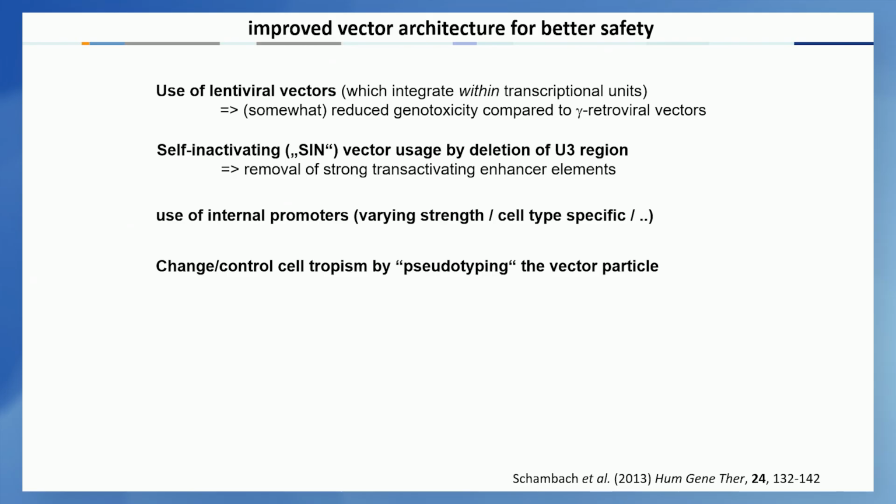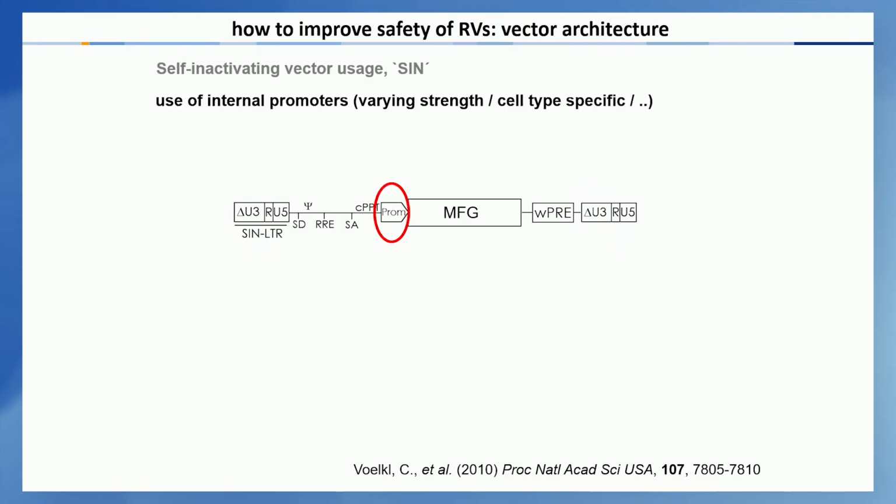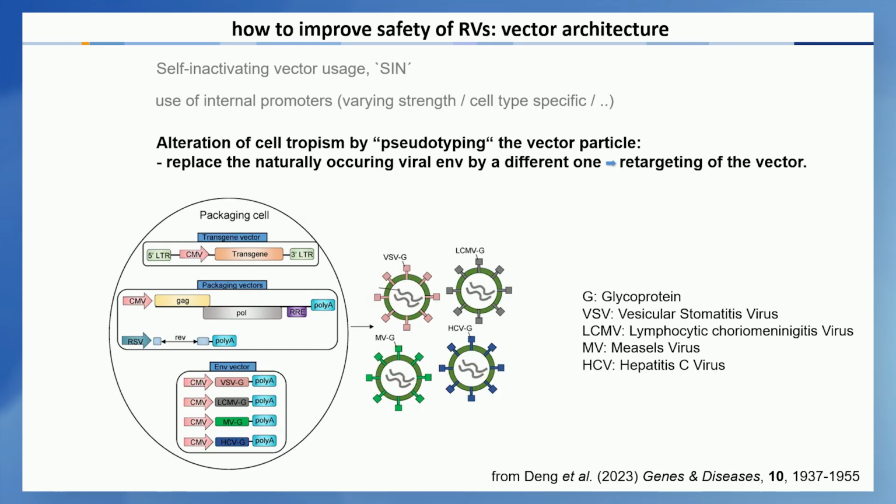So again, how do you produce a self-inactivating vector? You delete the U3 region and end up with a self-inactivating LTR. By using an internal promoter, which can be tissue-specific, you again increase the safety, so you get the gene only expressed in cells you want it to be expressed and not in all of the cells.